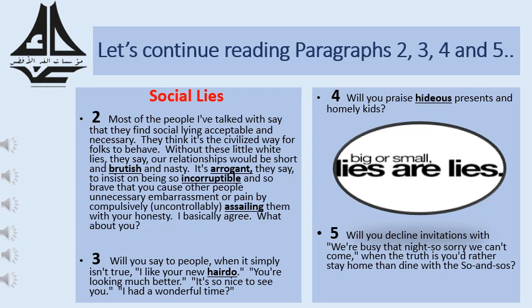She adds other examples such as saying, I had a wonderful time, when we really didn't have it at all. She continues with another example in paragraph 5: sometimes we refuse an invitation by saying we're busy, but the truth is that we prefer to stay home.